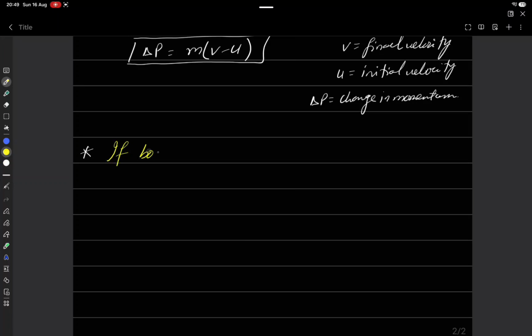If the body bounces back, momentum is always added.